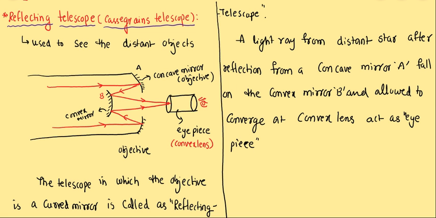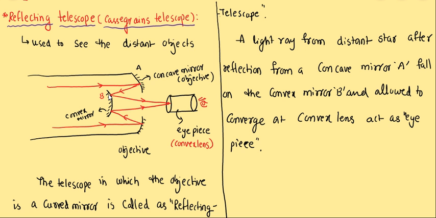This is some of the construction and working. Once again I will explain. You see the figure with the red cursor, this is a light ray. Light rays from distant objects are incident parallelly. If the object is at infinite distance, light rays come parallelly like this. These light rays from a distant star undergo reflection at the concave mirror.